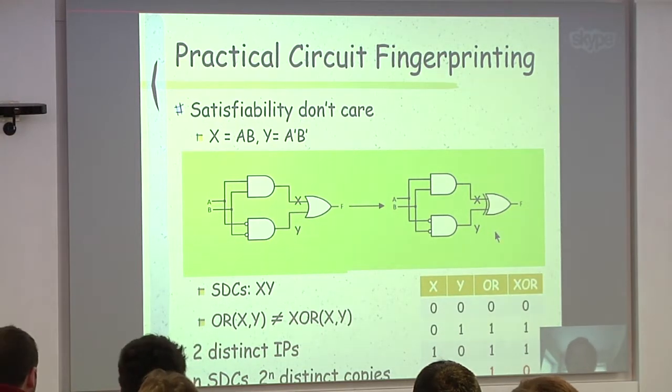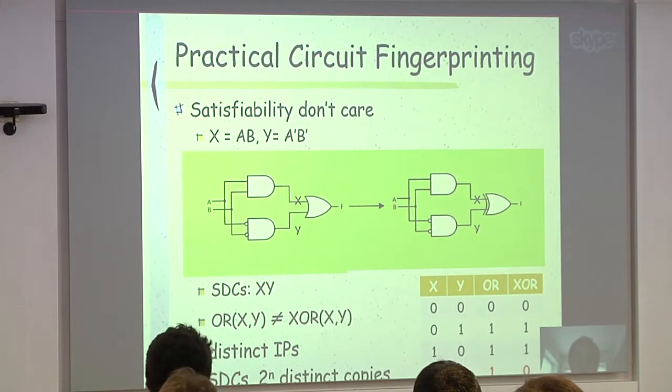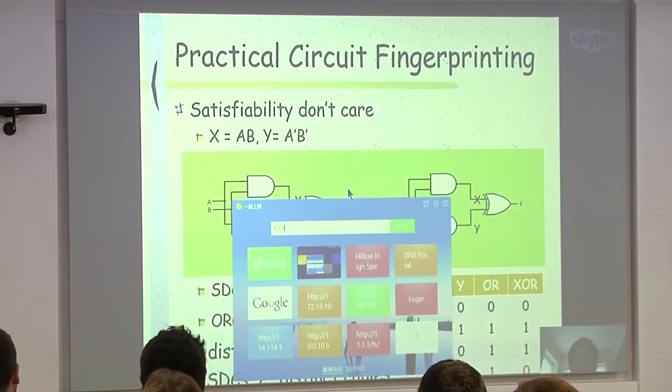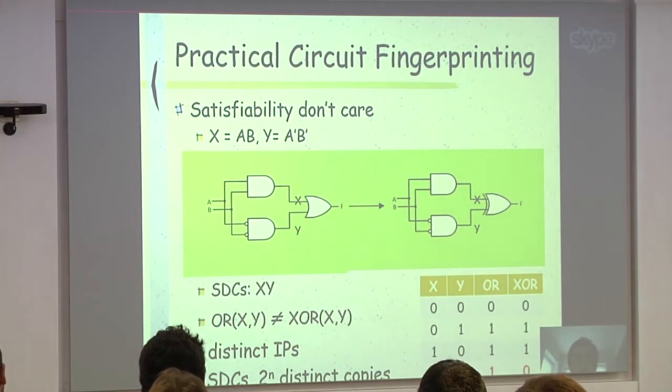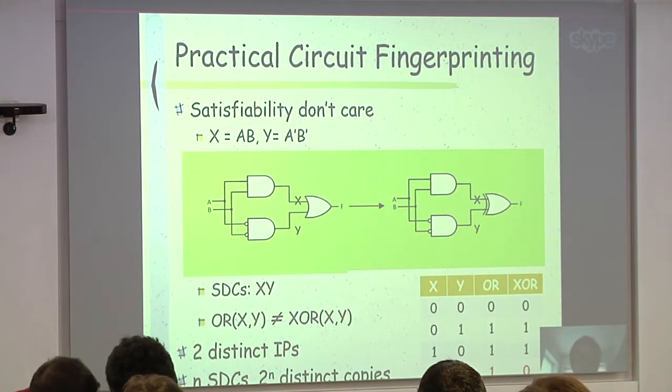If I can identify n places of such conditions on a chip, and for each place I can embed 1 bit, eventually I can generate 2 to the power n distinct copies, which we call the fingerprinting copies. This is extremely useful because I could design a universal gate which can be reconfigured as either an OR gate or an exclusive OR gate, and this reconfiguration happens after silicon, after you fabricate it.